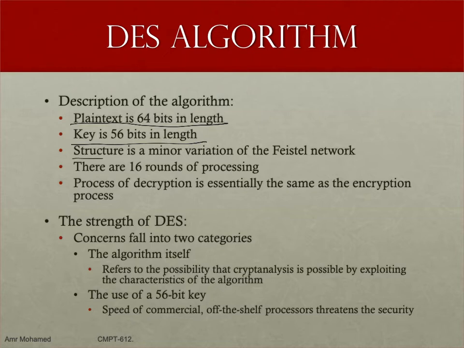The structure itself contains inside it the Feistel structure, the Feistel network, for 16 rounds. However, as we will see, there is a minor modification or variation to the Feistel network. There are some envelopes designed around the Feistel network to perform the data encryption algorithm.